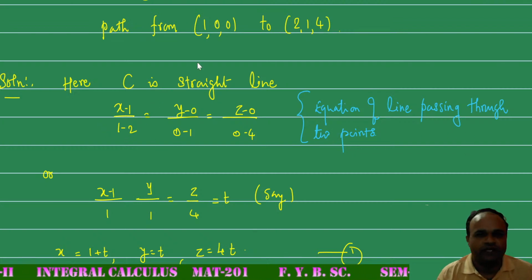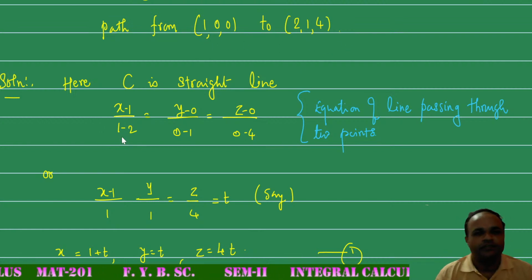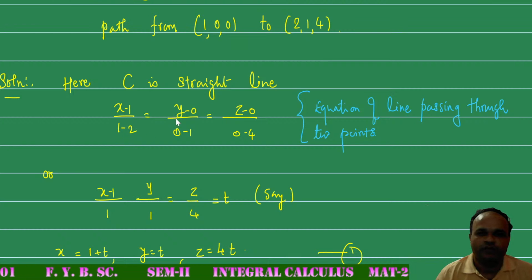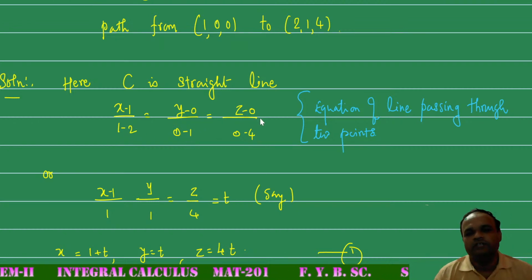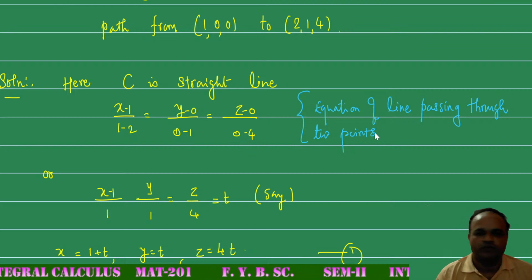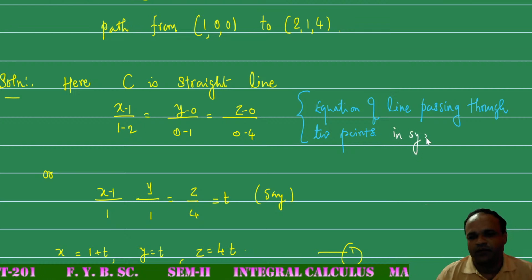So using that you will get the line passing through 2 points, and its equation will be (x minus 1) divided by (1 minus 2) equal to (y minus 0) divided by (0 minus 1), and equal to (z minus 0) divided by (0 minus 4). So the equation of line passing through 2 points in symmetric form you can write.